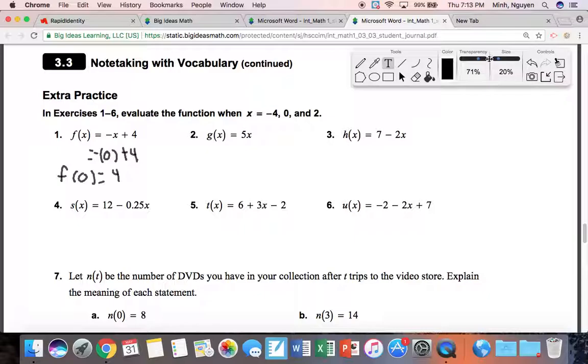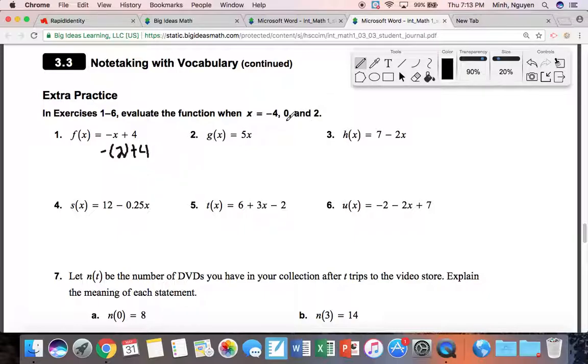The ordered pair for that is you plug in a 0, so that's your x, and you get a 4, and that is your y. Clear it up again. And the last one is -(2). Notice that every time I substitute for x, I'm placing parentheses around where x used to be and putting in whatever I'm supposed to. It's a really good habit.